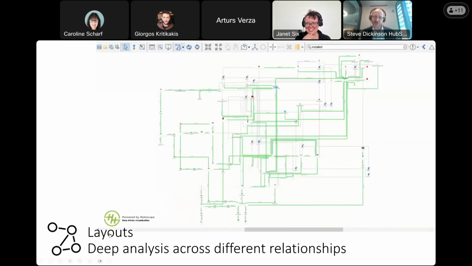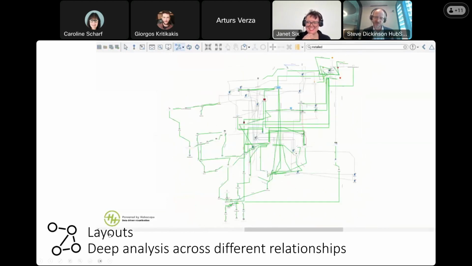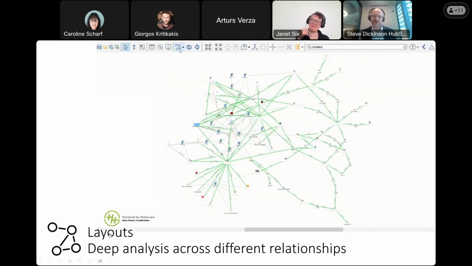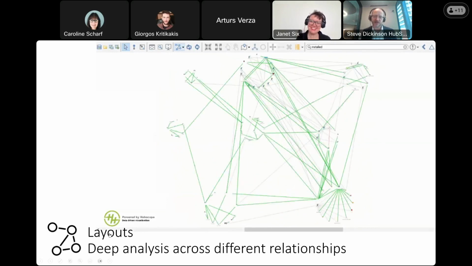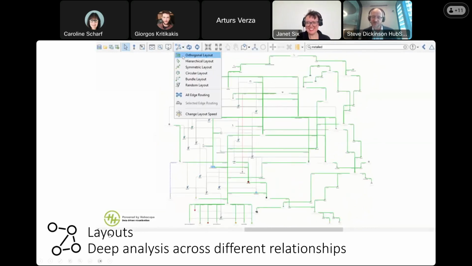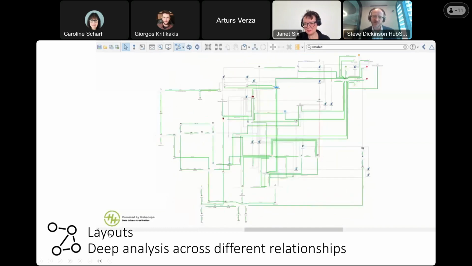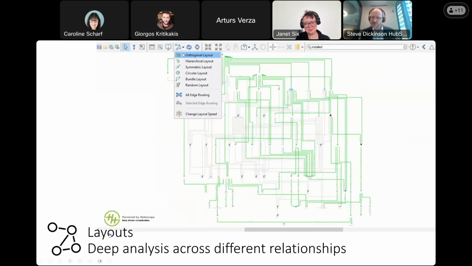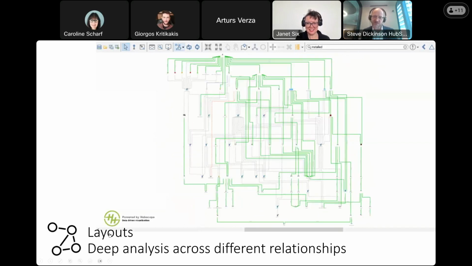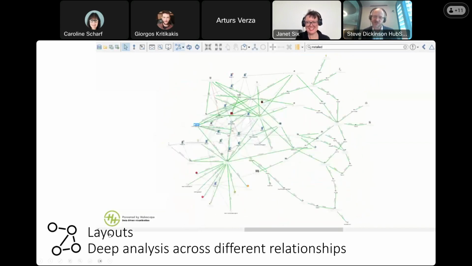And by drawing these views in these ways, your eye is drawn to certain things, and the layouts lend themselves to different types of network. The hierarchical is good for organizations. Orthogonal is really good for network views and application views. But you can play with it and see, well, let's have a look at this. And even with this, your eye is drawn to nodes which are connected to lots of things. And that does change with the different views. So layouts is a great one.